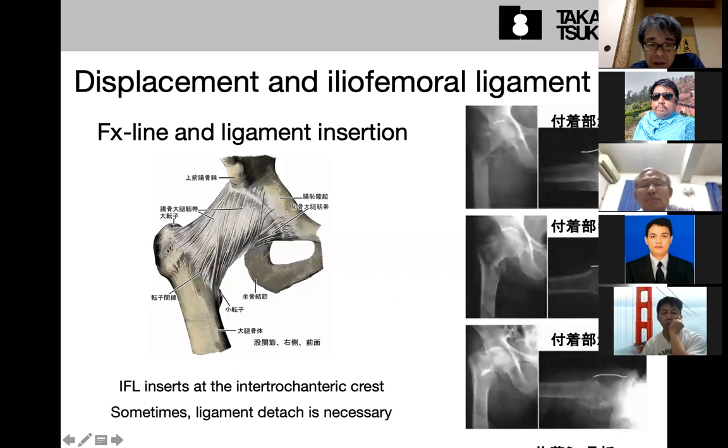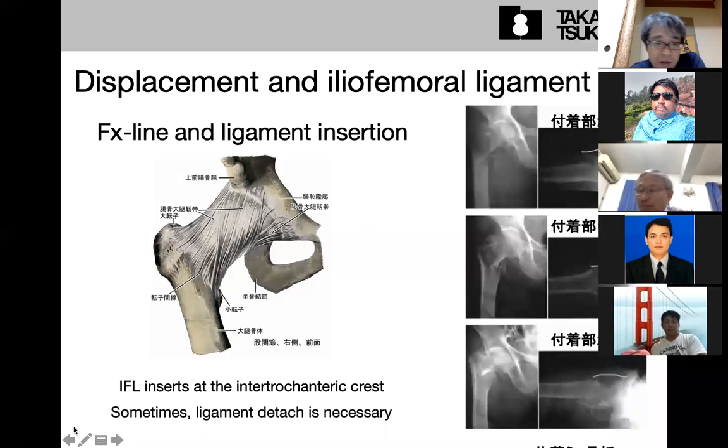So in such a fracture, adding traction and internal or external rotation, or abduction or adduction, is enough to reduce. After the fixation, the stability should be good.